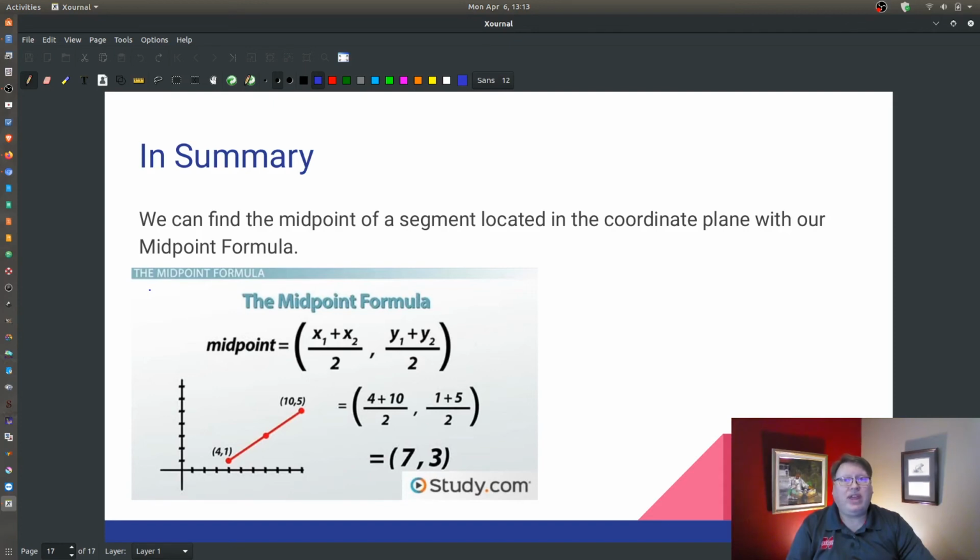So once you locate the endpoints of your segment, you can label your points x1, y1, x2, and y2, and substitute into the formula and do a simplification to get your final midpoint location.